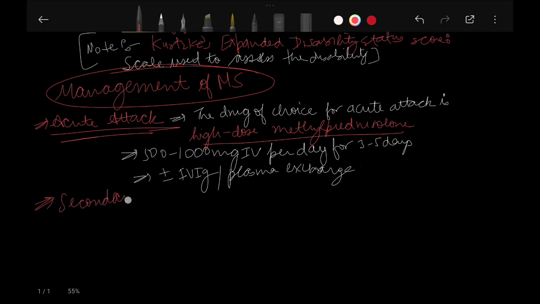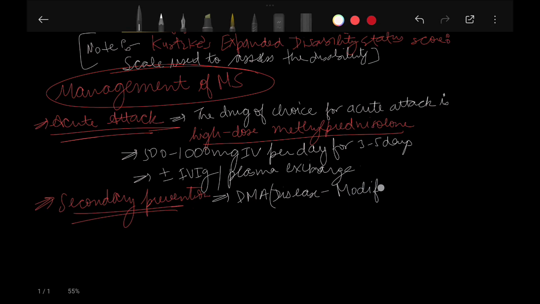Now coming to the secondary prevention. In secondary prevention we have DMA, that is disease modifying agents.